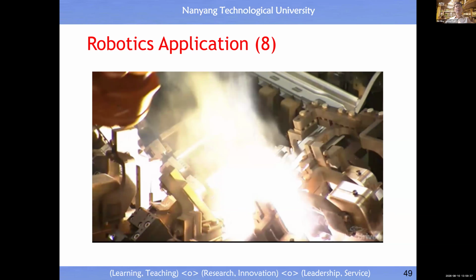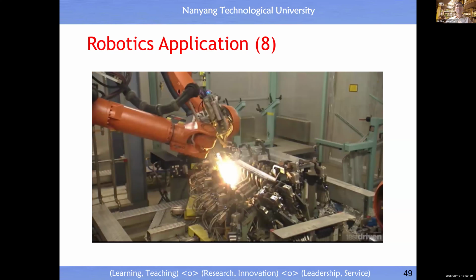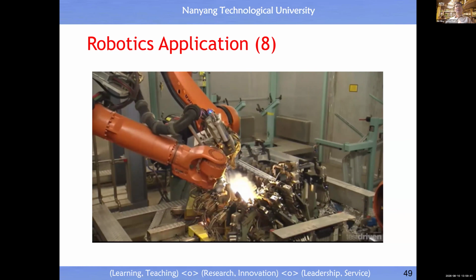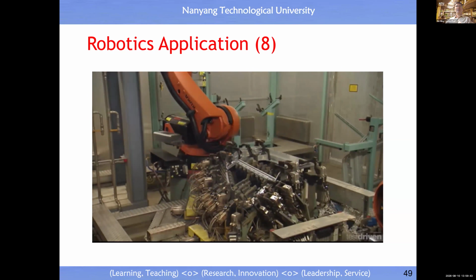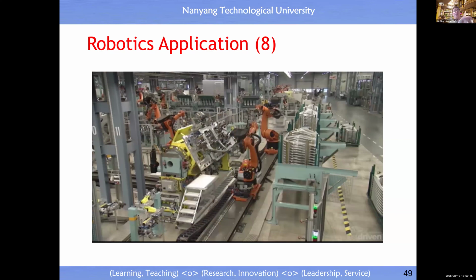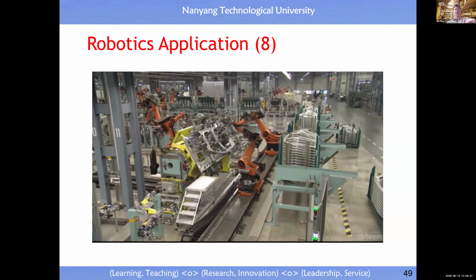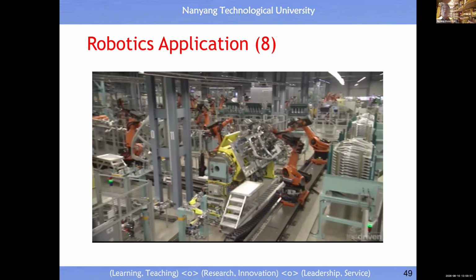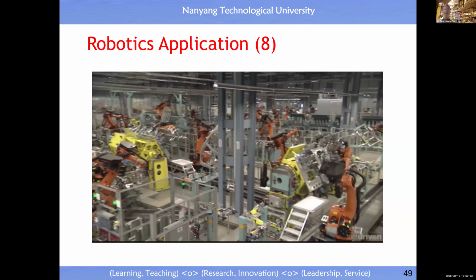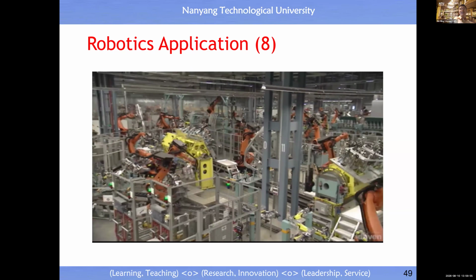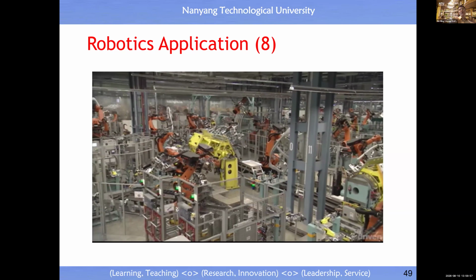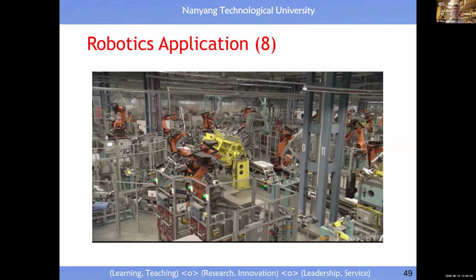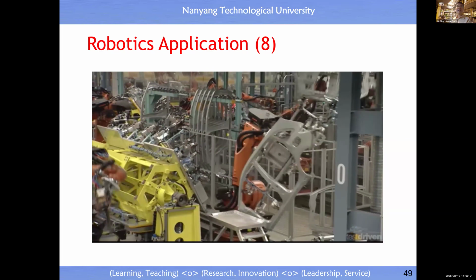The robots are doing welding. This is a factory floor with almost no presence of human workers. So you have an idea about the number of robots inside the factory. Okay, good enough.